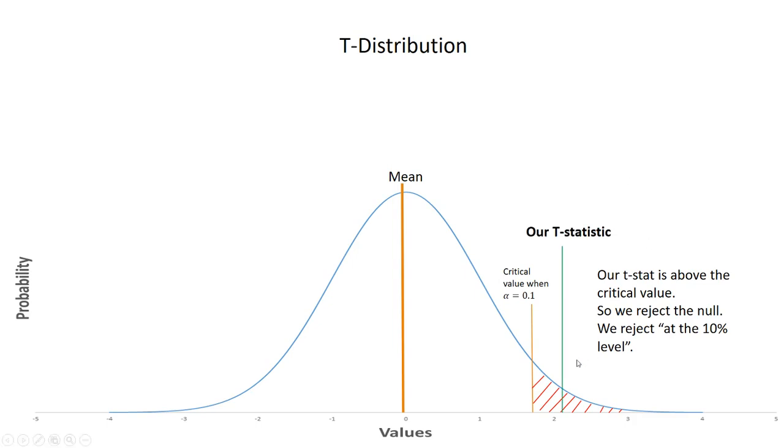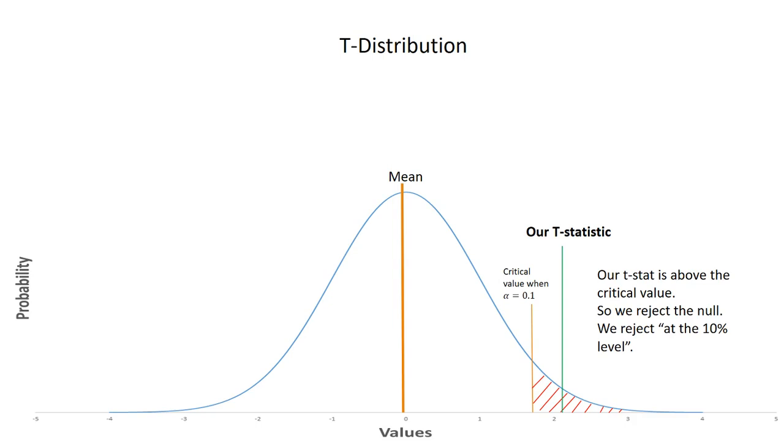If our t-statistic lies in this region, then we will reject the null hypothesis. And we will reject it at the 10% level. It lies within that space above the critical value when alpha equals 0.1.